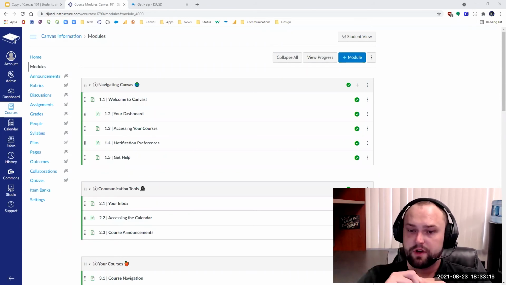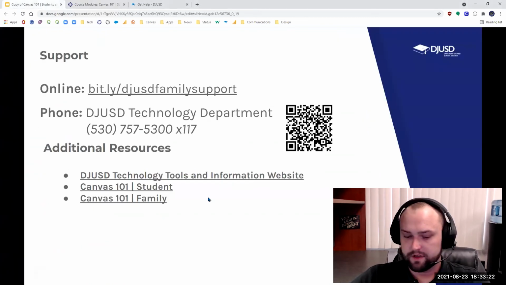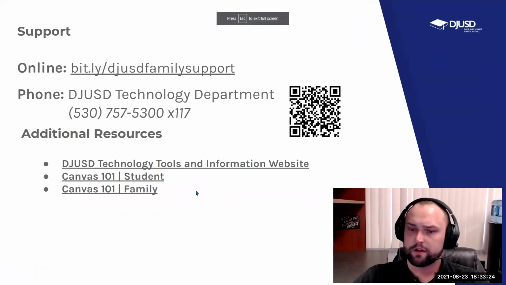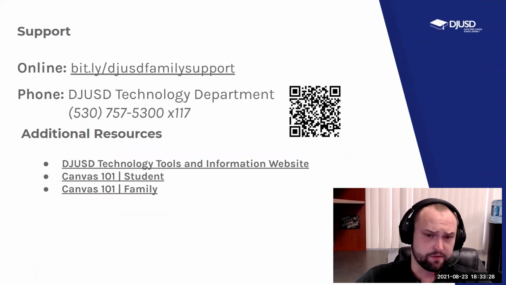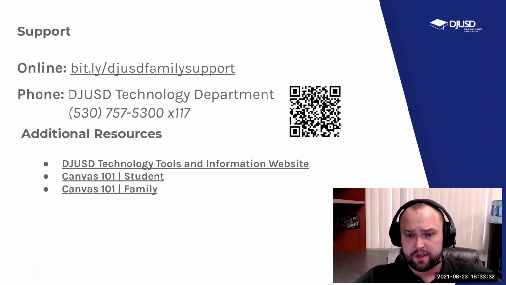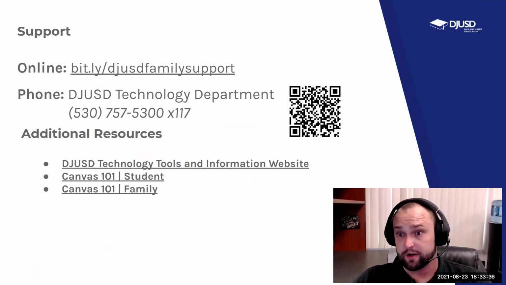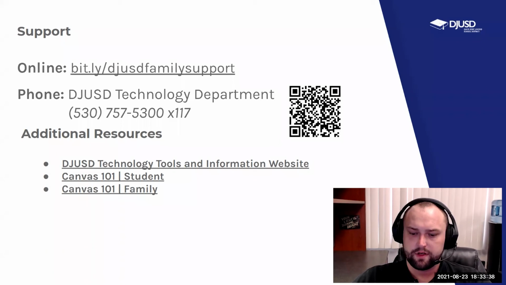But you can also contact our technology department either by opening a ticket, and I'll pull that back up so you can see, or by calling us at 530-757-5300 extension 117, and then we can get your account information. We don't like to give our generic password information out to the public, so we will get that to you over the phone.